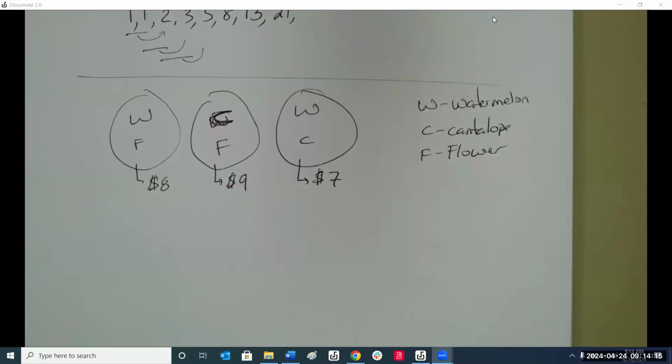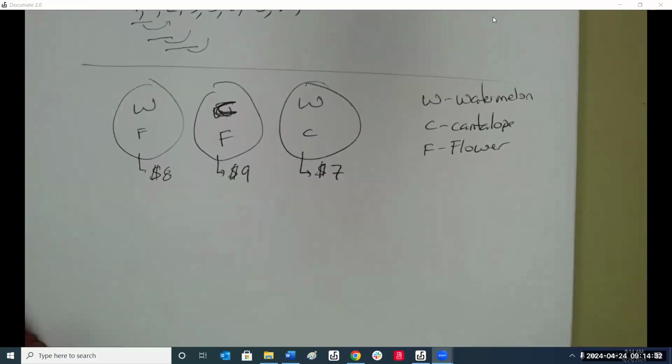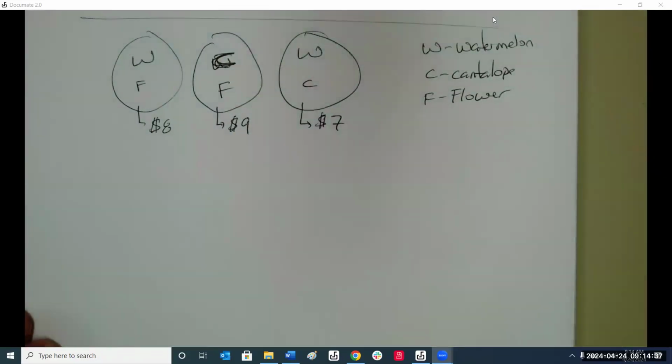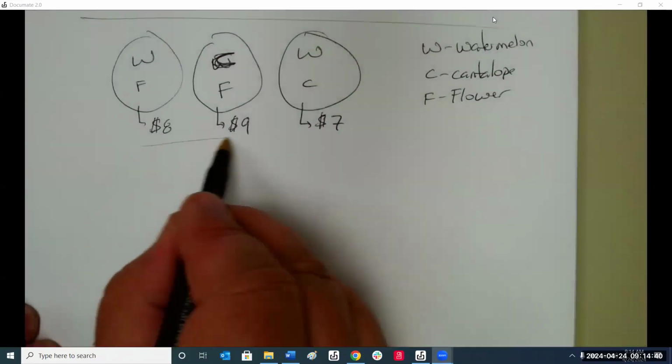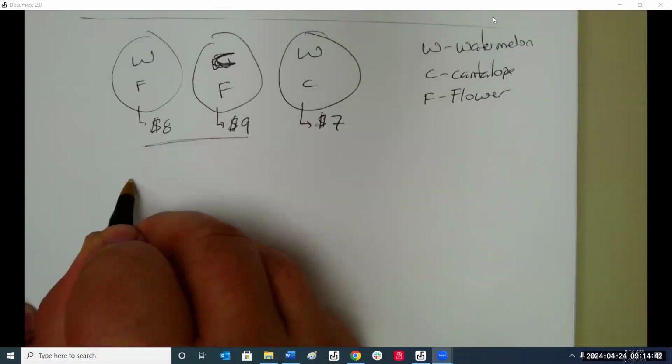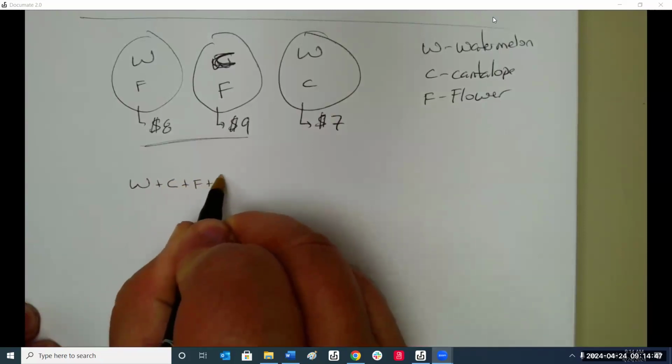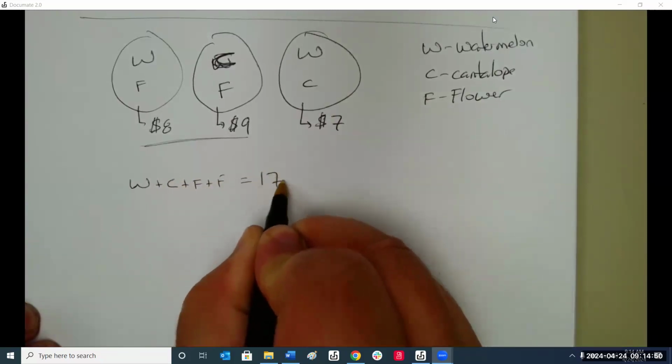How would you go about looking for this? Well, let's jump in. The first thing we can do is pick any two together to combine. Let's say we combine these two. So we have watermelon plus cantaloupe plus flower equals $17.